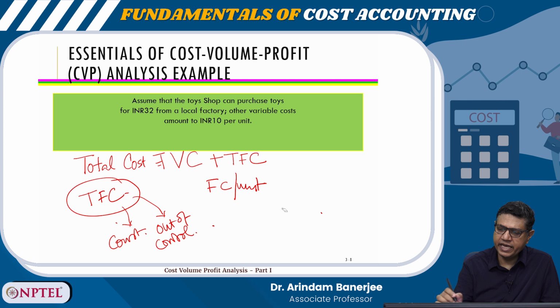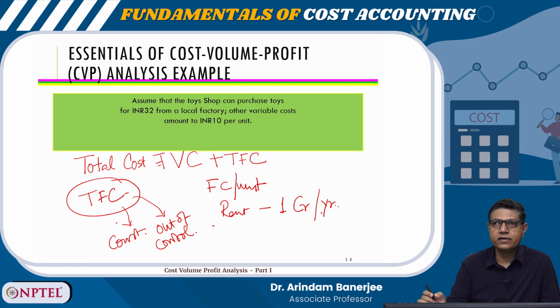So, say in our example, factory rent is say 1 crore per year, right, and in a year if I produce 1 lakh units, so my fixed cost per unit will be 1 crore by 1 lakh, right.